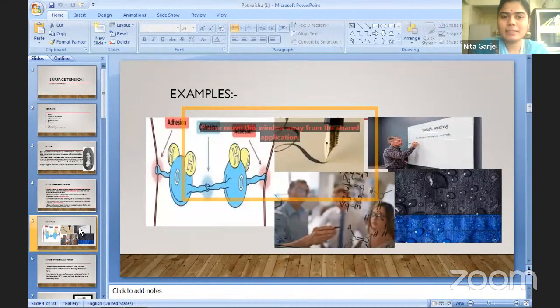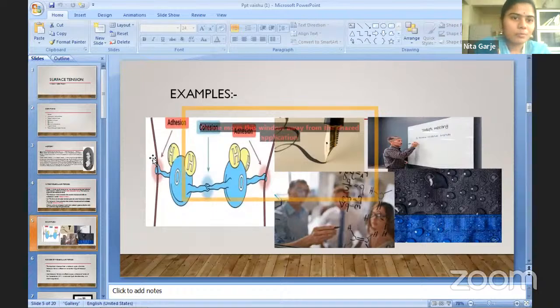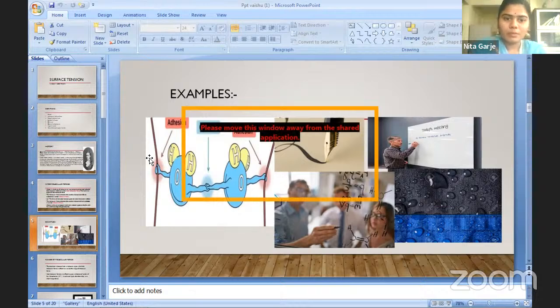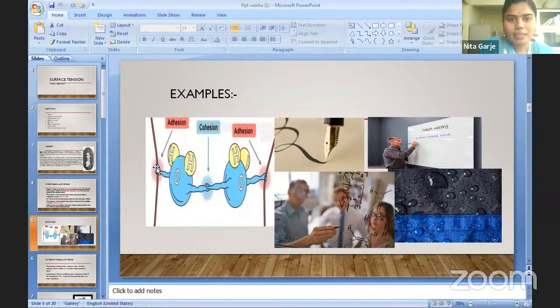Then the next slide shows examples of adhesive and cohesive forces. In the first photograph, the water molecules are attracted to the glass molecules, which are a different substance, so we call this the adhesive force.